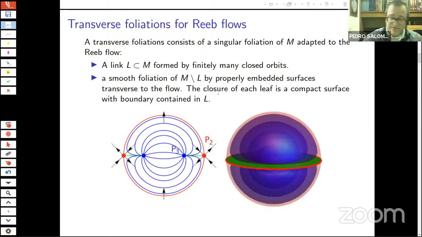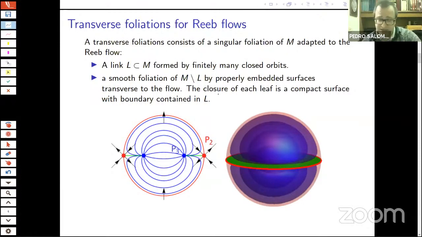So I gave here a picture of an example of a Reeb flow. The singular set here has two periodic orbits, P3 and P2. These numbers 3 and 2 are related to the indices of these orbits. And we see a family of surfaces bounded by these two periodic orbits.